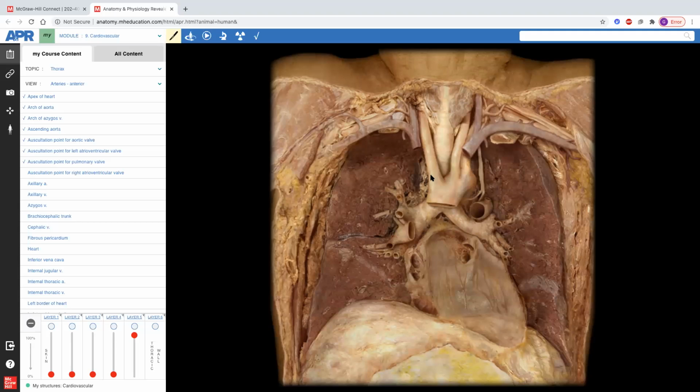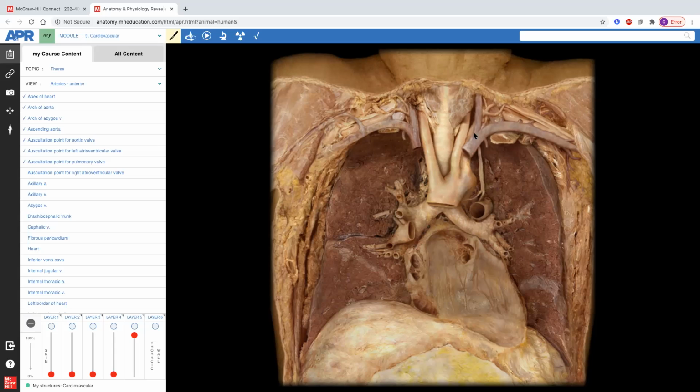So we have two sides, so we need a right and a left common carotid. The difference is, on the left side, that left common carotid is straight from the aorta. On the right side, the common carotid is coming off the brachiocephalic trunk.